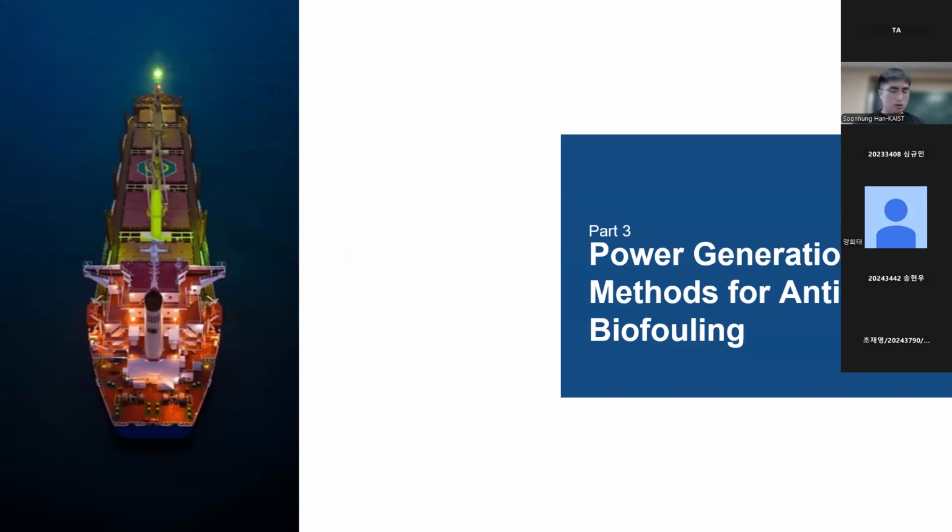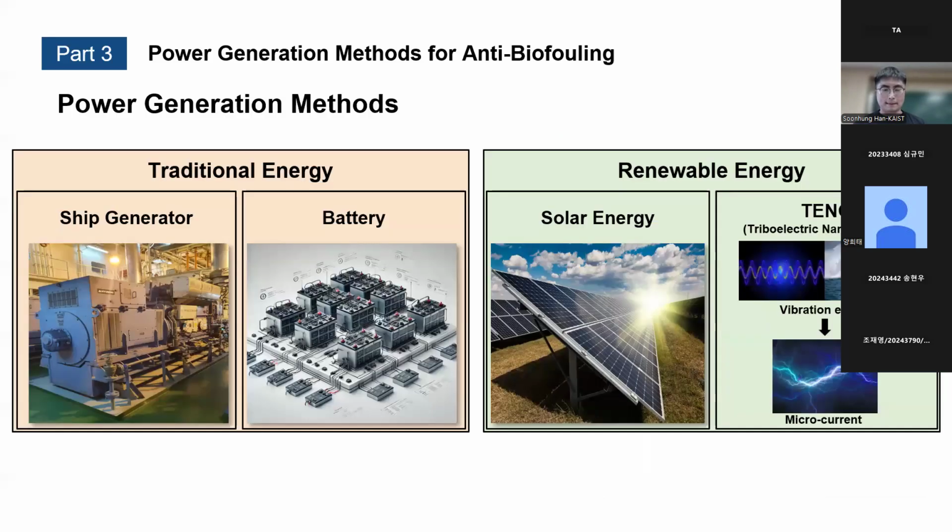Microcurrent is required, so a power supply is important. We will explain the possible methods for providing this power. The table divides power generation methods into two types: critical energy and mere energy.